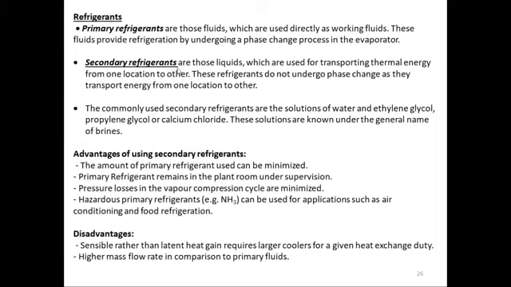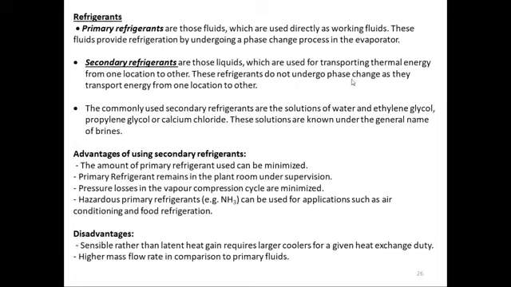So secondary refrigerants are those liquids which are used for transporting thermal energy from one location to the other. They themselves do not go through the phase change process. Instead, they absorb heat energy from the primary refrigerants and then transport it to the other parts of the air conditioning system.